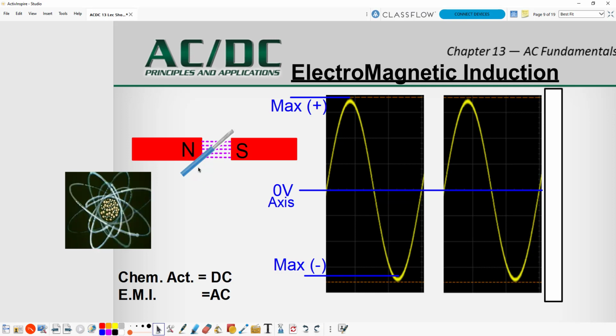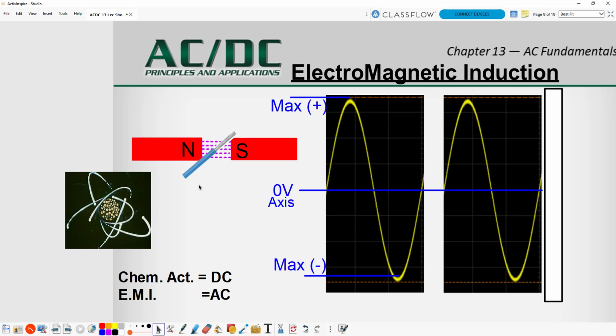So if we move a conductive wire through this magnetic field, it would be as if God came across our solar system with a giant magnet, and the force of that magnet was greater than the Earth's magnetic attraction to the sun, and the Earth would just go propelled through space.